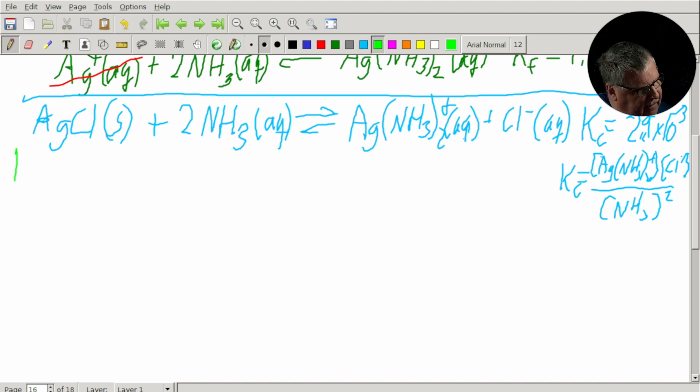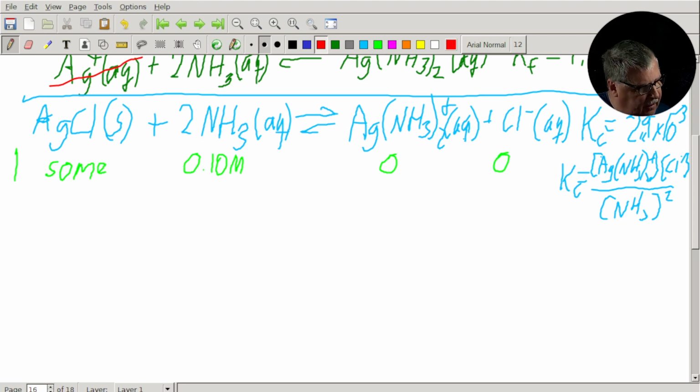Here's what we're going to say we're going to do in this case. We have some solid silver chloride, and we're mixing it into a solution that contains 0.10 molar NH3. To start with, we have no complex and we have no chloride ion.